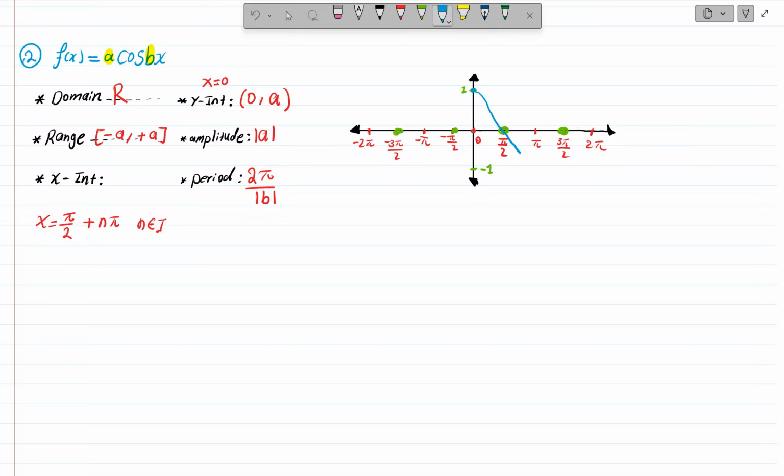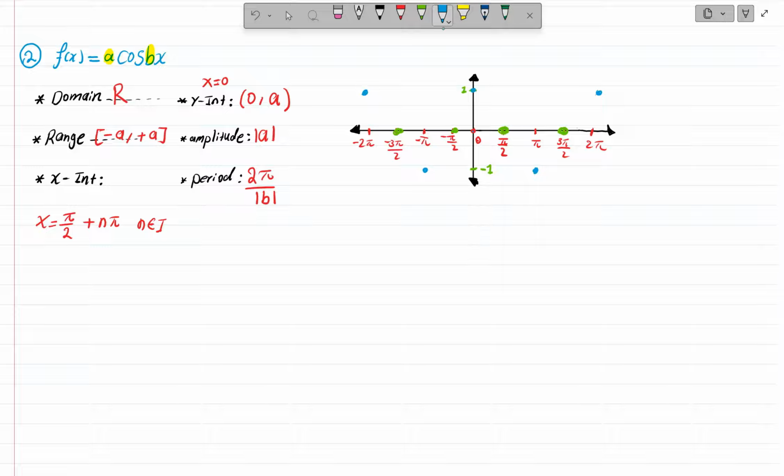But let me just write the points. Cosine of pi over 2 is 0, cosine of pi equals negative 1, cosine of 2 pi equals 1. Cosine of negative pi again equals negative 1 by calculator, cosine of negative 2 pi equals 1.